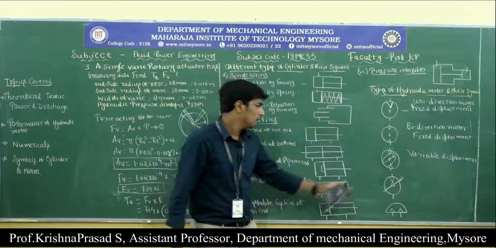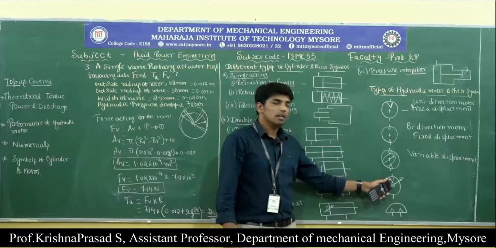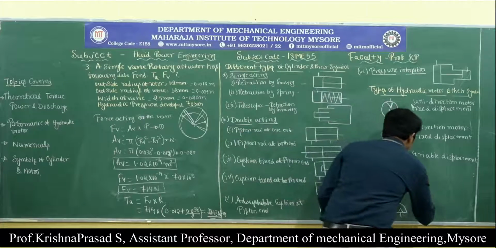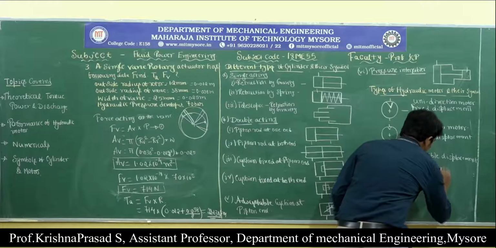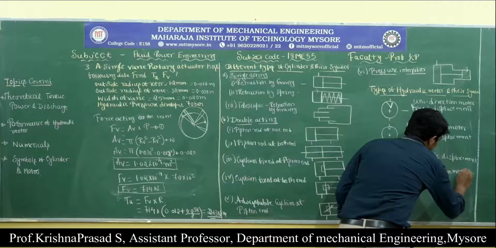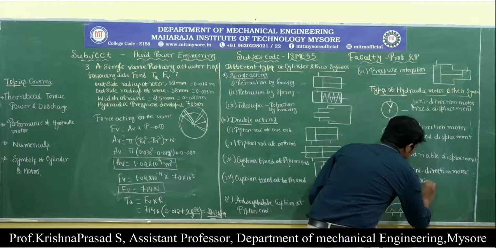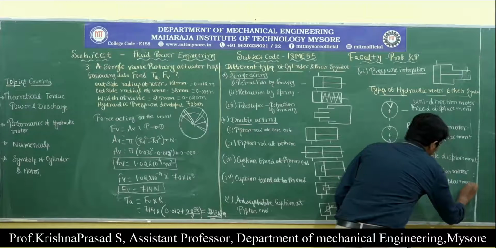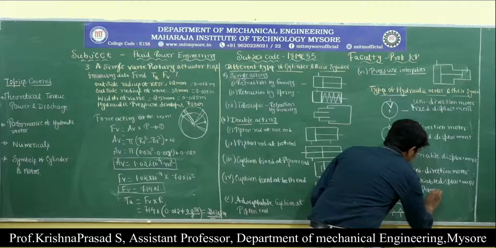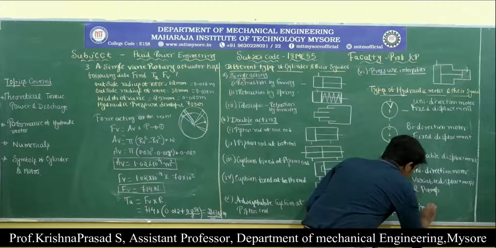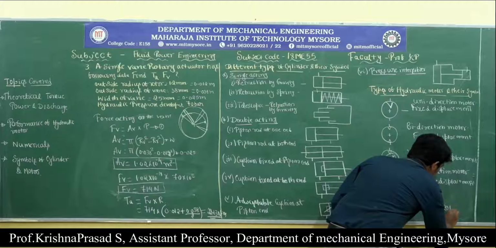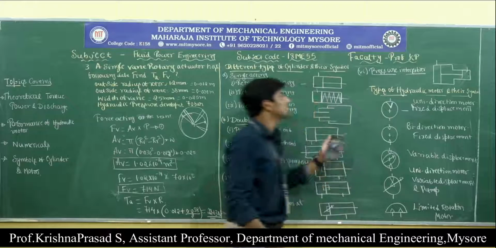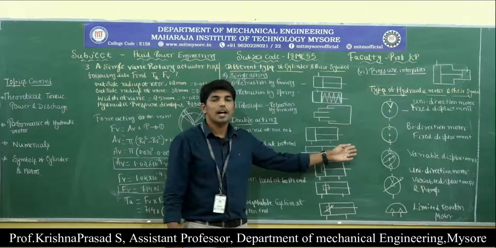Then this is called unidirectional motor, variable displacement, and the other side having a pump. And the last one is called limited rotation motor. So these are the various symbols regarding the types of hydraulic motor and their symbol.